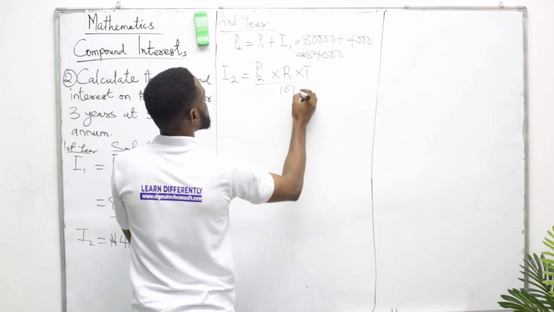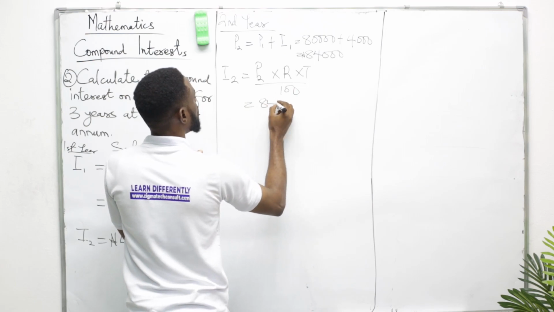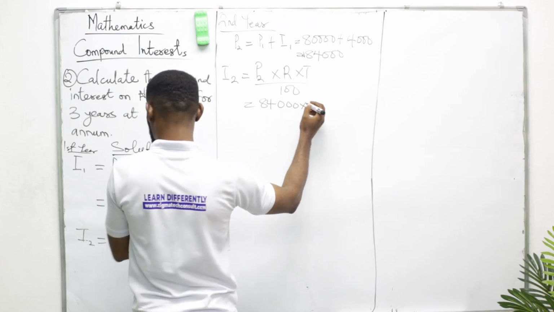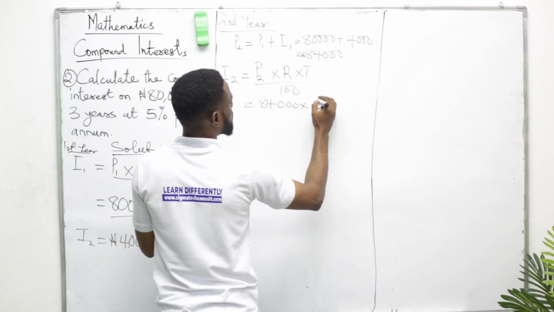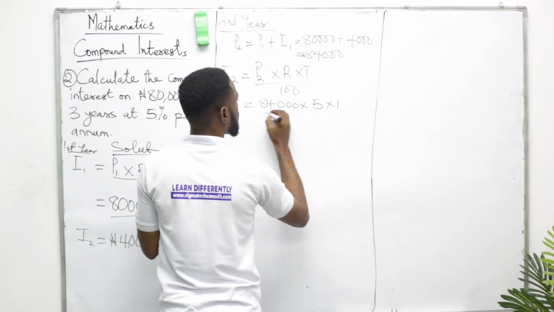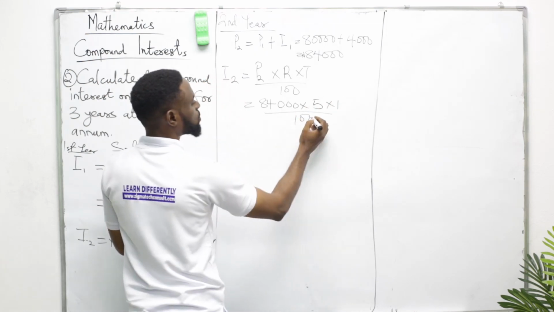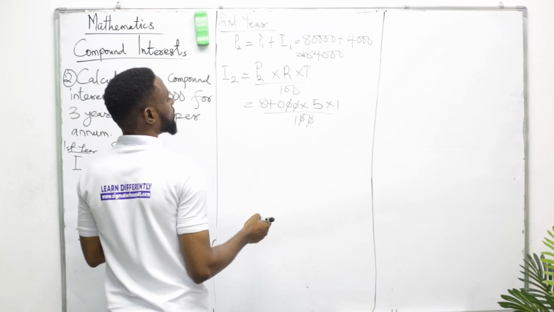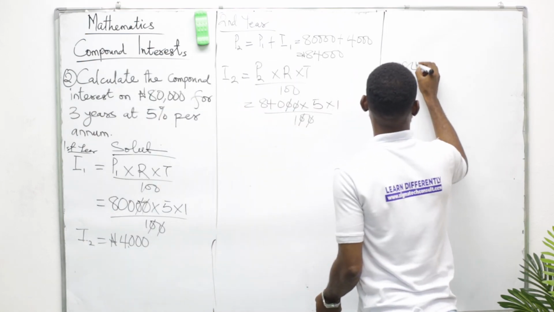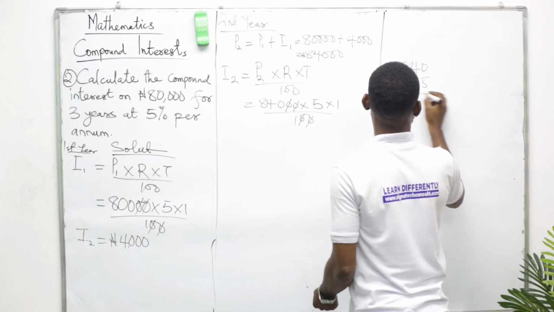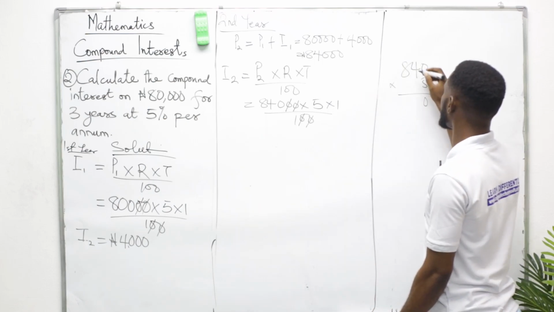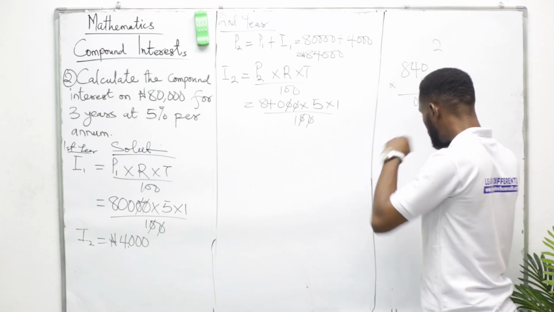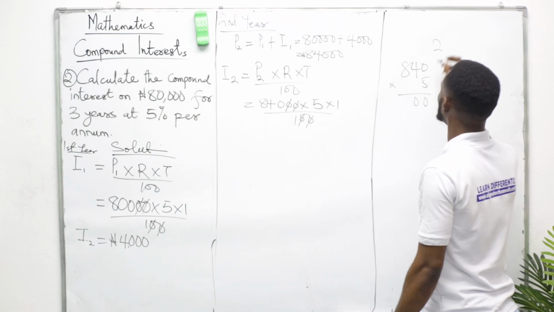So this will be equal to 84,000 multiplied by 5% times 1 all over 100. All right? So this removes this, this removes this. So we are having 840 times 5. 5 times 0 is 0. 5 times 4 is 20, so write 0, carry 2. 5 times 8 is 40 plus 2 is 42.